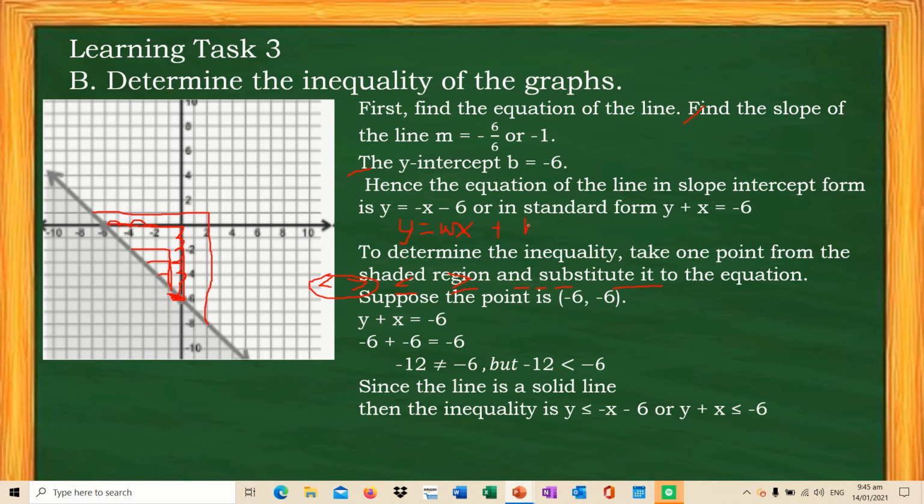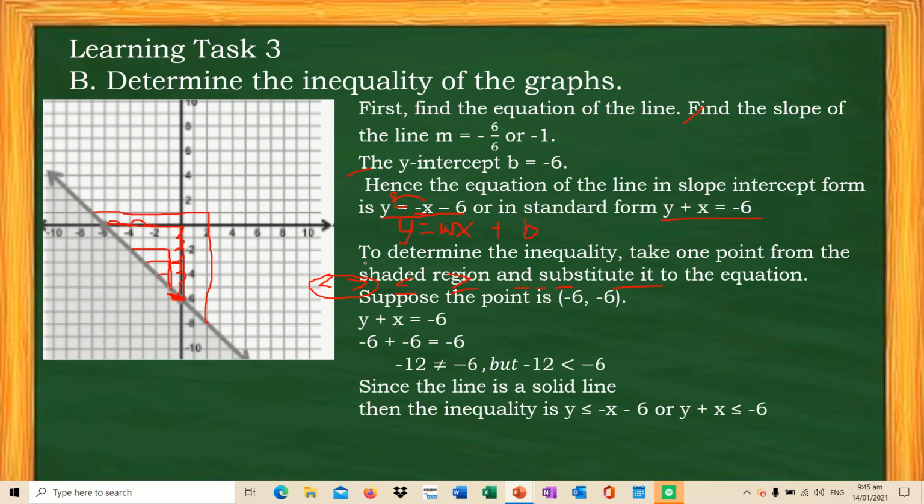Then, ang ating m or the slope is negative 1. So, negative 1 times x. So, it will become negative x. Ang ating y-intercept is negative 6. So, therefore, equation is y equals negative x minus 6. So, ilipat natin sa standard form. Lipat natin yung x sa left side. So, magiging y plus x equals negative 6.